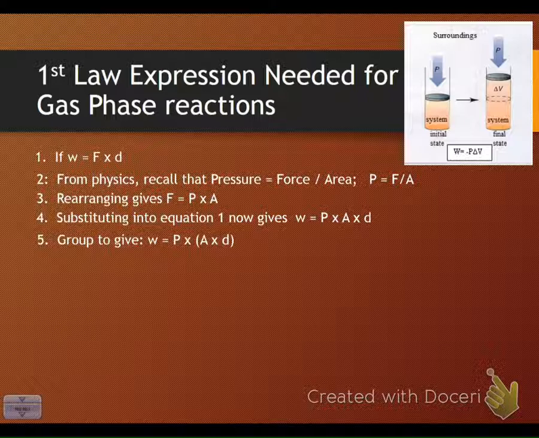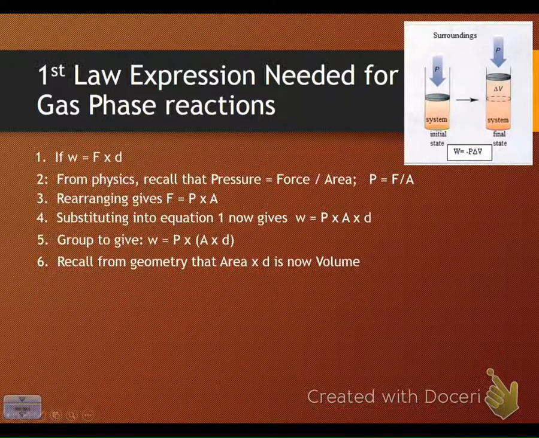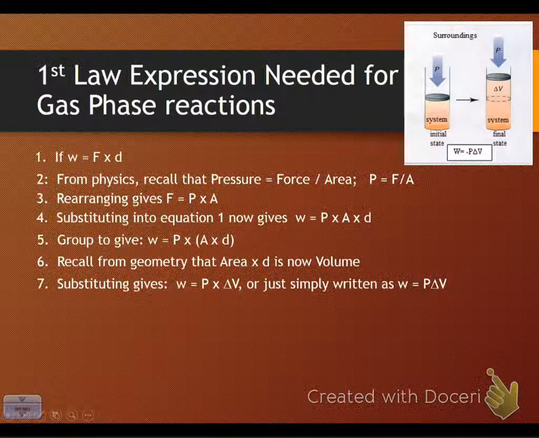Area is two-dimensional, so if I multiply it times another length term, that's now 3 dimensions, and we have now a volume. So that equation now becomes work equals P times a change in volume, or we mostly just write that as work equals P delta V. So we call that PV work in chemistry and physics.